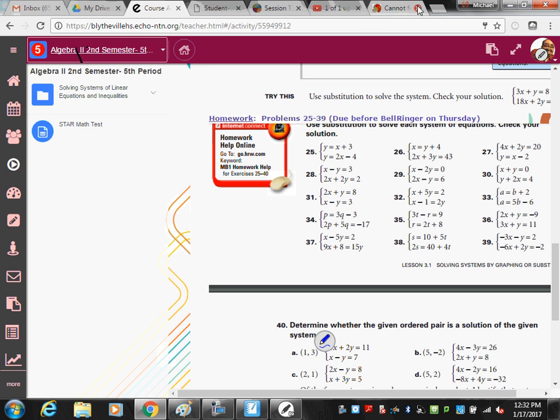On your agenda, under homework, it says problems 25 through 39. Y'all, stop talking and listen first. Let me talk, and then if you got questions about it, you can talk to me. Okay? Problems 25 through 39 due before the bell ringer on Thursday. So you've got 2 days to be working on this, and we will have some time in class tomorrow. Plus, you have about 8 minutes to do 1 or 2 of them now, and you've already done number 25.